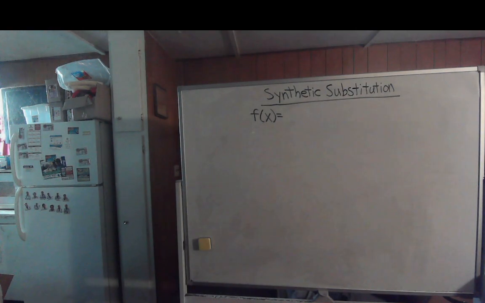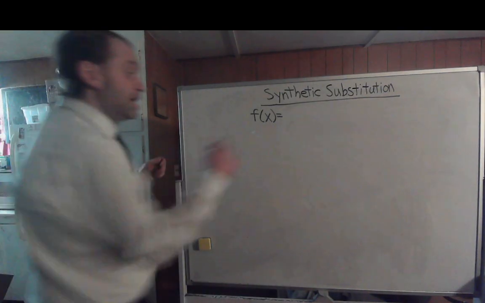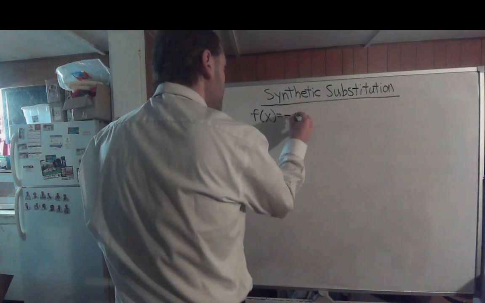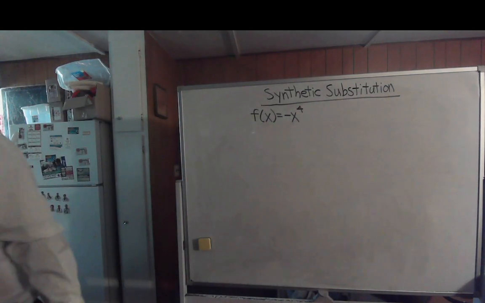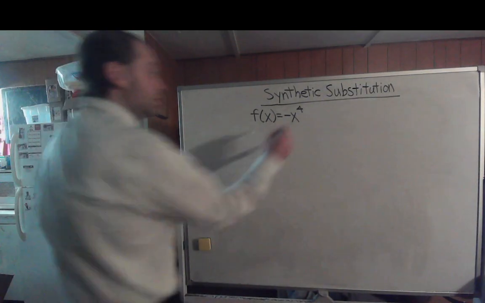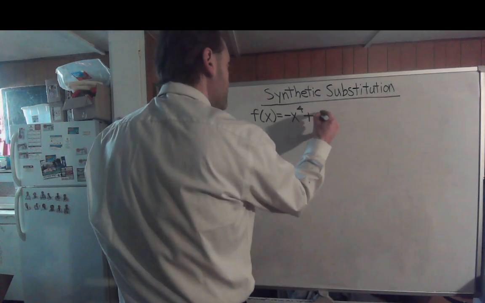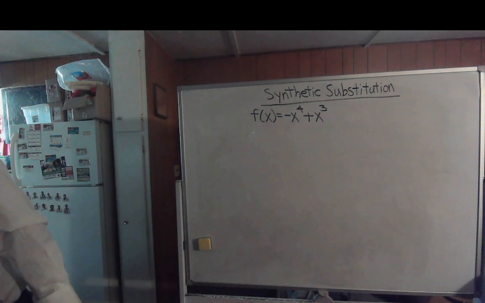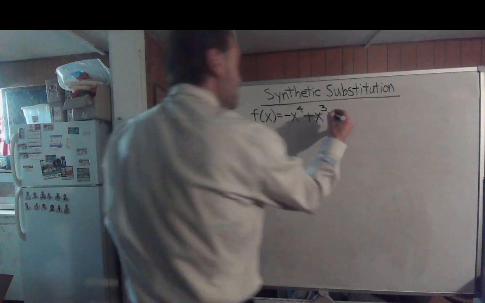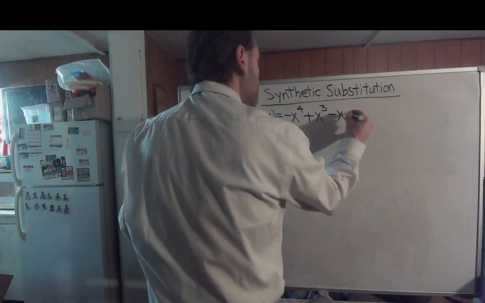Let's do 3 more. Good one. F of x equals negative x to the 4th plus x to the 3rd minus x plus 1.